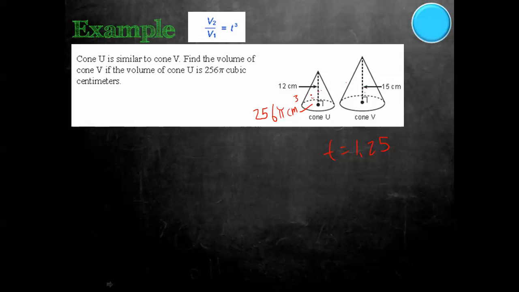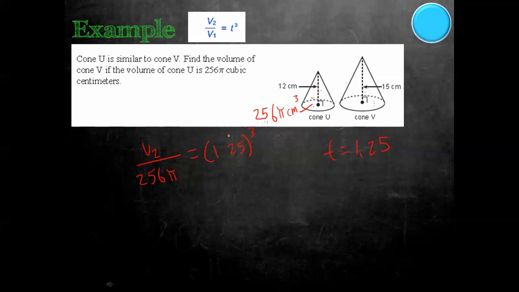Okay, now here our original, our V1 is going to be 256 pi, right? Because that's what we're starting with. And what we're going to end up with is the volume for 2. So we have V2 over 256 pi needs to equal 1.25 cubed. So now we're going to take 1.25 and we're going to cube it.